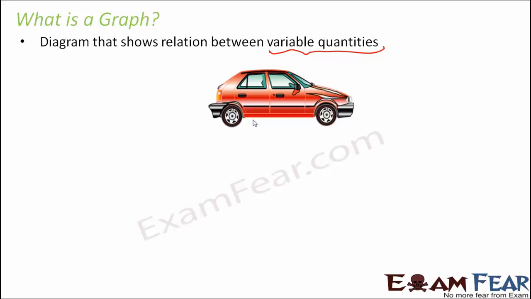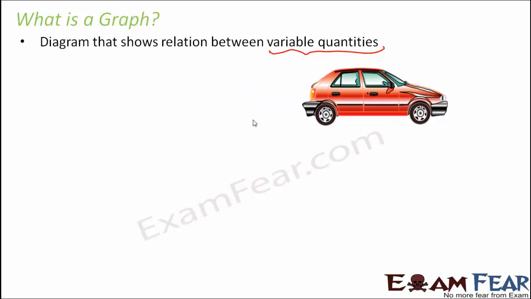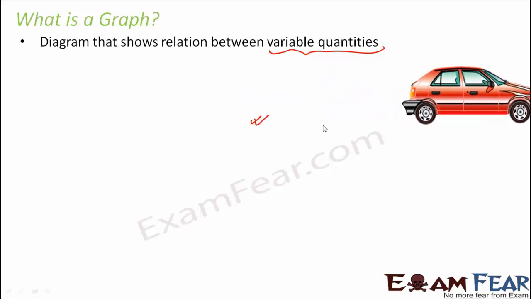Here let us take another example of a car. Let us say when this car moves, what happens? As the car is moving, its position is changing. Therefore, the distance covered is also changing. When the car was here, it had covered no distance. When the car reached here, it had covered this much distance. Now the car is here, so it has covered this much distance.